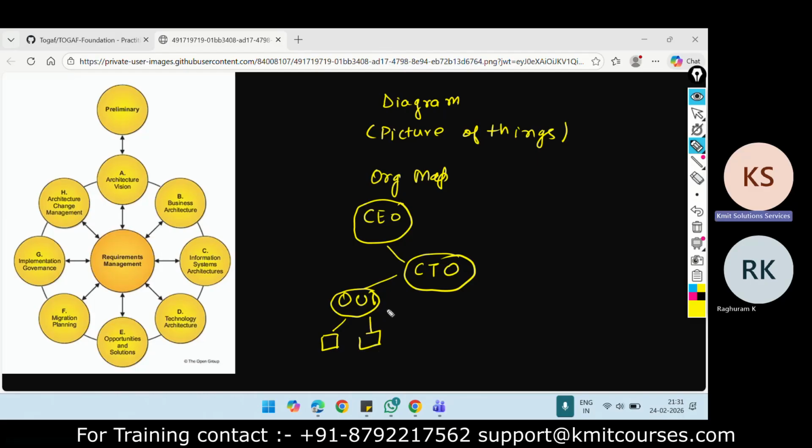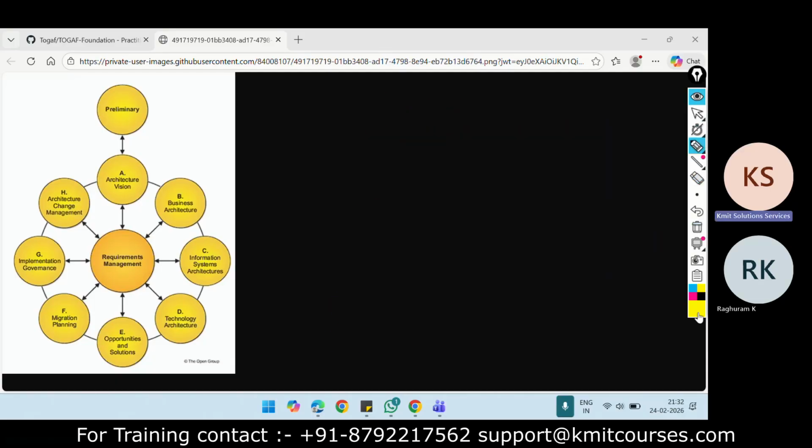So now here, I'm creating these diagrams to represent my artifacts. Okay, so this is a diagram. So an artifact is a work product.